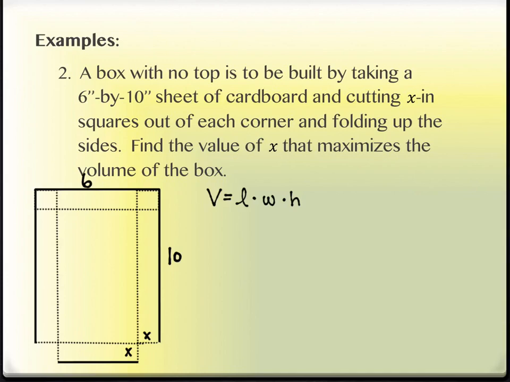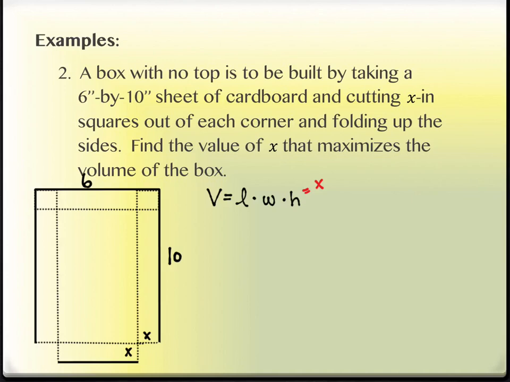Let's start with the height. Can you tell me what the height of the box would be when we make these folds? It's x. I'm folding this piece up, and it's of length x because this cutout was of length x. That's the easiest one. How about the length and the width? 10 minus 2x and 6 minus 2x.